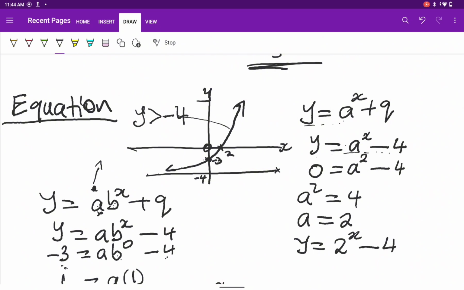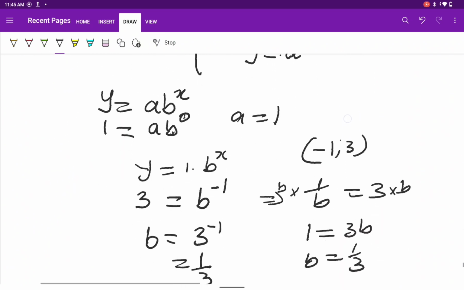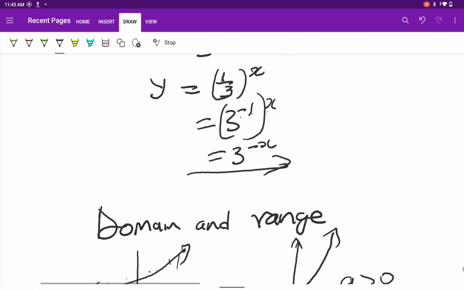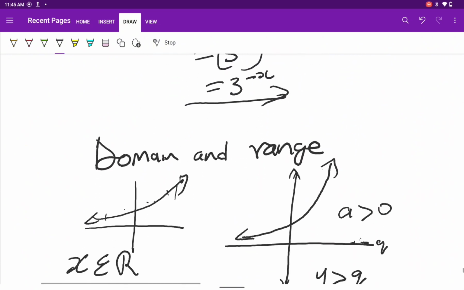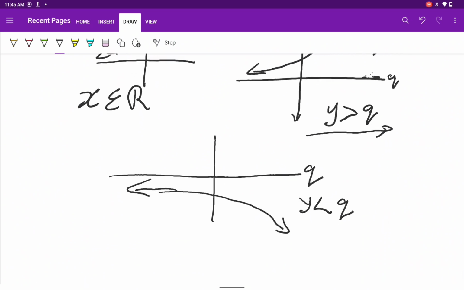So if it's positive, the range will be greater. If it's negative, the range will be less. So that is the domain and the range. As we have said, the domain, x is taking all real numbers. But what they can ask is the range.